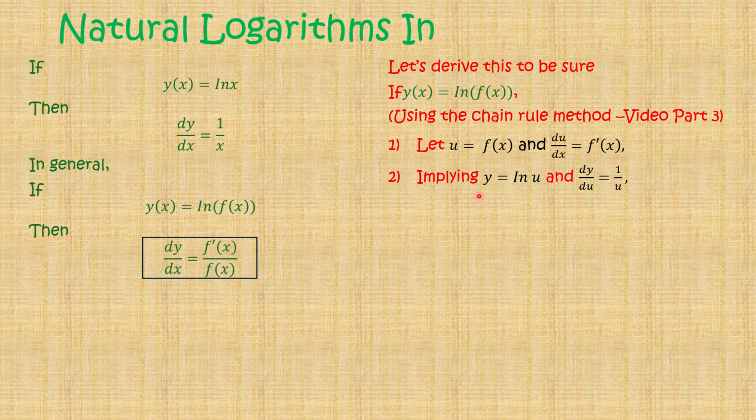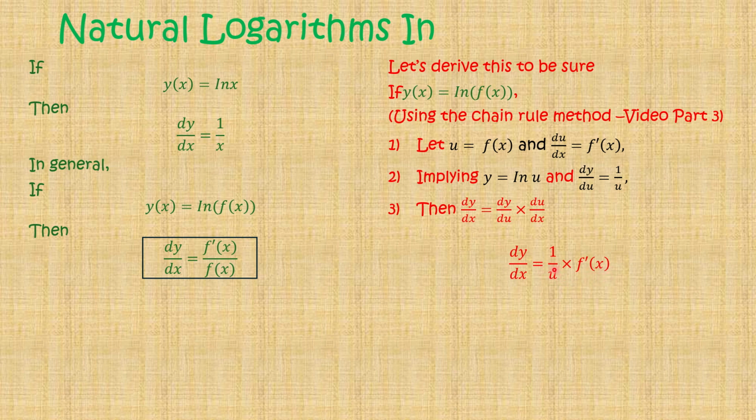Then the second step would be, since we have substituted for f of x, y becomes the natural log of u, or ln u. And we know from the first step on the left-hand side, dy du becomes 1 over u. Then step number 3. This would then mean that dy dx is given by dy du times du dx, and substituting for the dy du that we obtained in step number 2, which was 1 over u, and the du dx which we obtained from step number 1, which is f prime of x, we are going to get that.